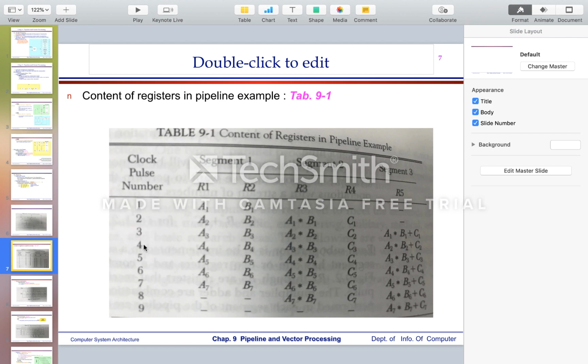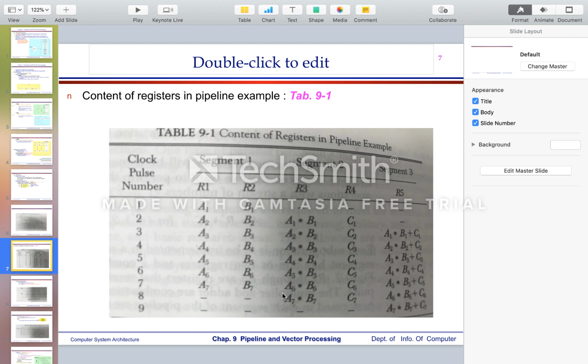Now in the third clock cycle, A3 B3 will be stored, as well as A2 times B2, and C2 will be stored in R4, as well as now we can perform A1 times B1 plus C1, and in R5 we can have our result. Similarly this is repeated up to 7, like A7 B7 we have got.